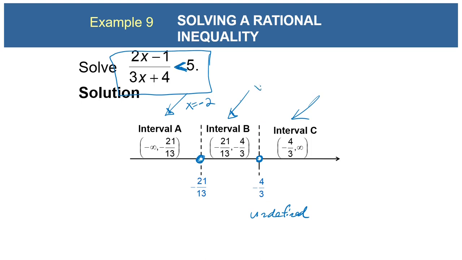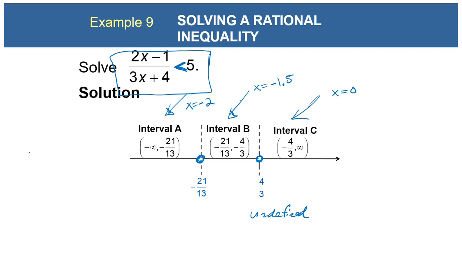I'm going to pick x equals -1.5 because that's between -21/13 and -4/3. And I'm going to pick 0 because that's to the right of -4/3. So plug those numbers into our original inequality here and check to see if it's true or false.